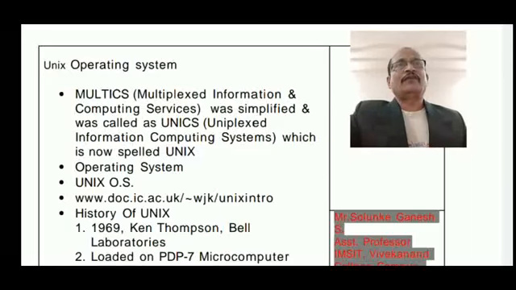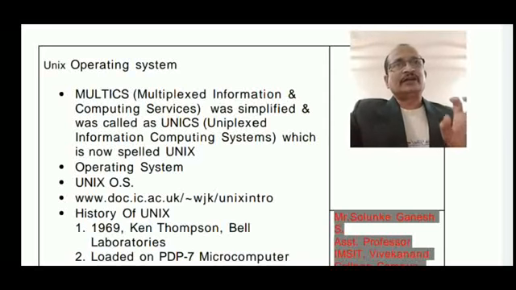The definition of an operating system is: an operating system is a program that interfaces between the user of a computer and computer hardware. This is the definition of an operating system.